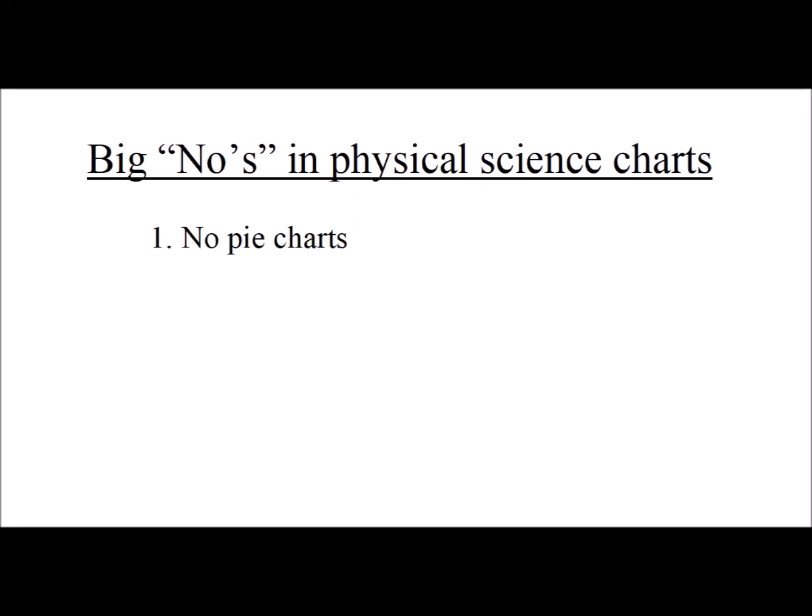While we are demonstrating a physical science chart, I thought it would be a useful process to mention certain expectations that we have for charts, particularly in the physical sciences, in journal articles.